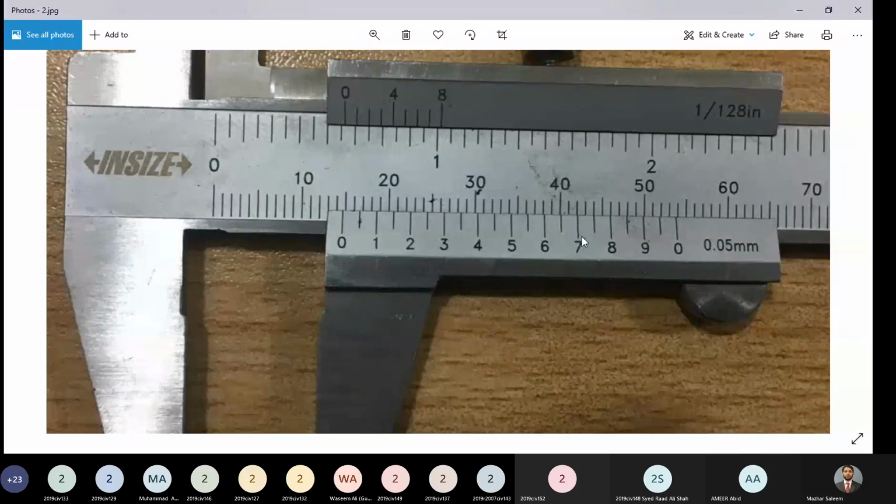And if the line in between 7 and 8 is coinciding with any division of the main scale, as in this case, we can directly say that the reading is 14.75.